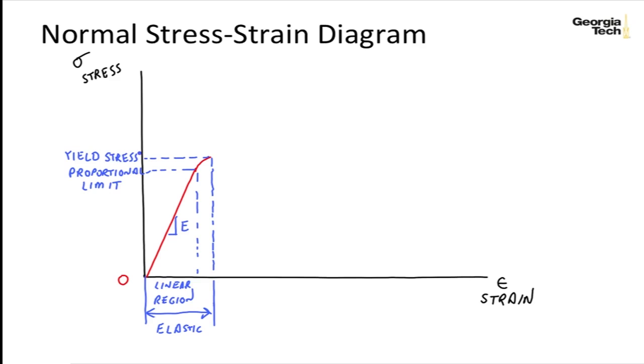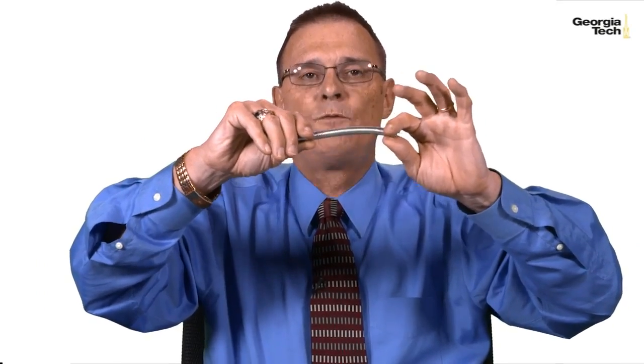And so let me do an example here with a smaller spring. Here I have the linear elastic region. I keep pulling it, and at some point, if I pull it hard enough, it's not going to return to its original shape. And you can see here that it's not fully reformed. And so it's starting to yield.